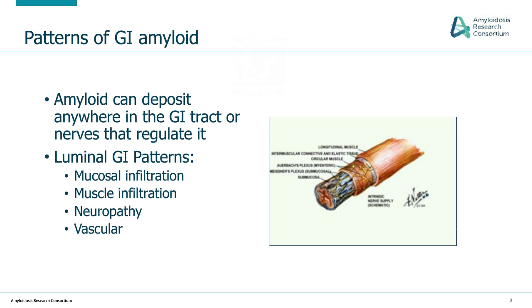And in fact, the gut has 500 million nerves which are associated with it. And then finally, if there's vascular involvement, that can affect both blood flow going towards the gut as well as how food and nutrients are brought from the gut out.